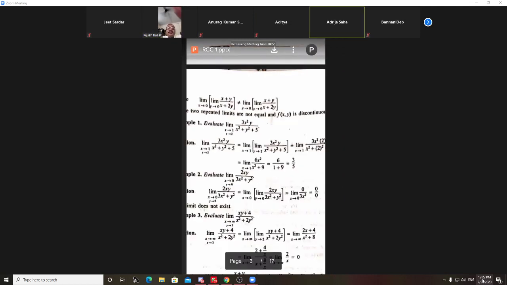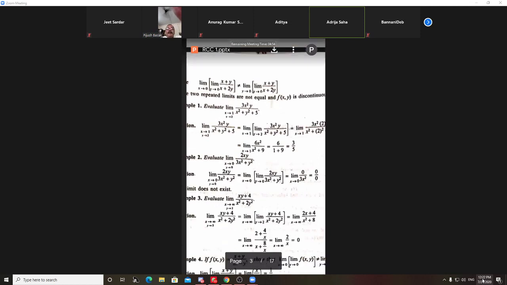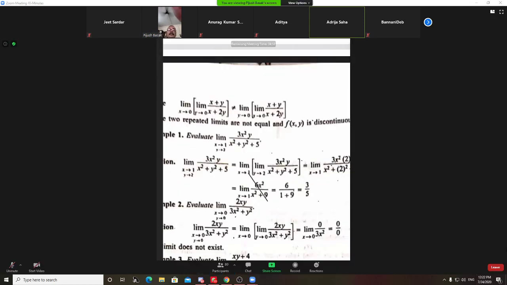Sir, can you explain the example one more time, sir? Please, sir. See, this is the simplest problem. Limit x tends to 1, y tends to 2, 3x square y divided by x square plus y square plus 5.